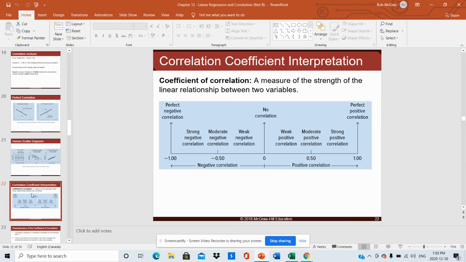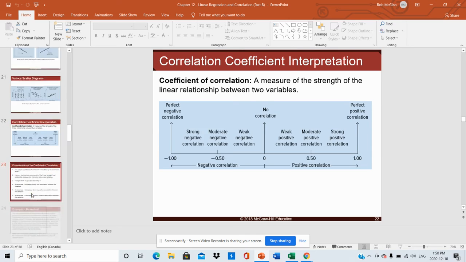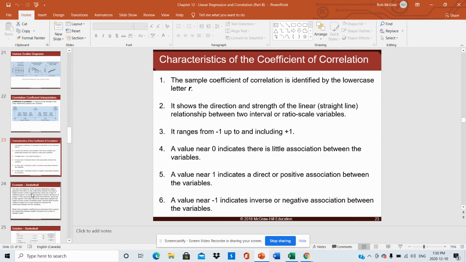All right. So let's take a look at the characteristics of a correlation coefficient, kind of sum it all up, and then we'll look for it using our examples. So the sample coefficient of correlation is identified by the lowercase letter r, and it shows the direction and strength of the linear or straight line relationship between two interval or ratio scale variables.